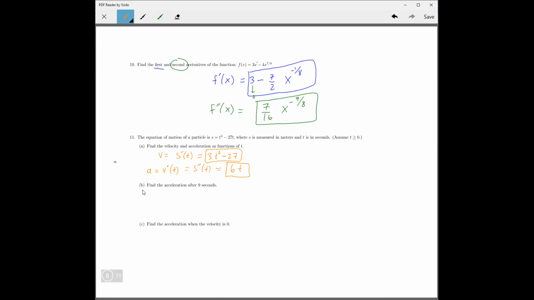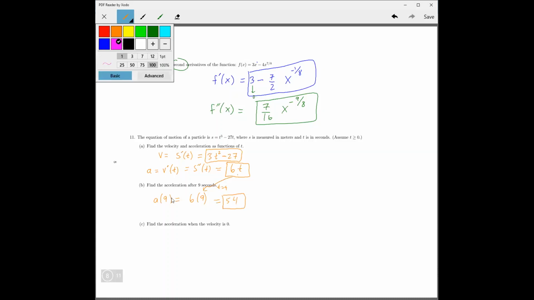Okay, part B says find the acceleration after 9 seconds. So a of 9, you just plug a 9 in for t, and that's going to be 54.